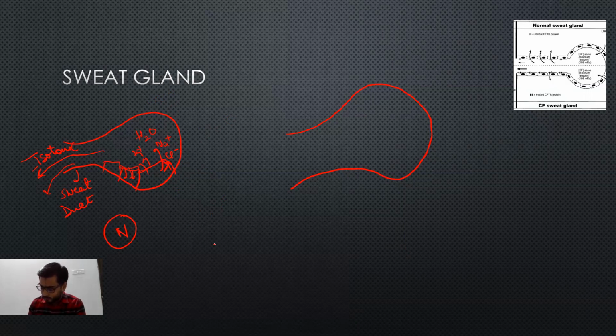Now, this is the cystic fibrosis sweat gland. What is happening here? The synthesis of sweat is the same. Sodium is coming out, chloride is coming out, and water is coming out. So this is the synthesis of sweat, right?